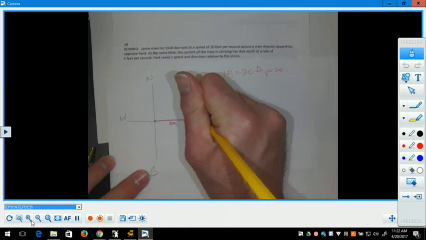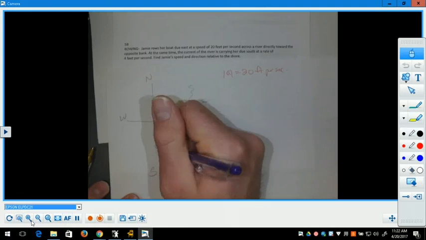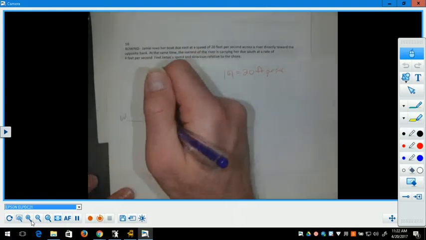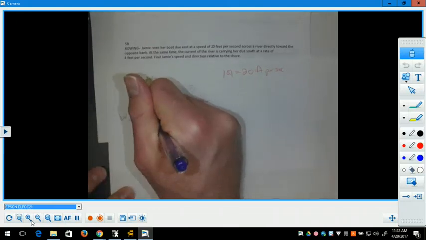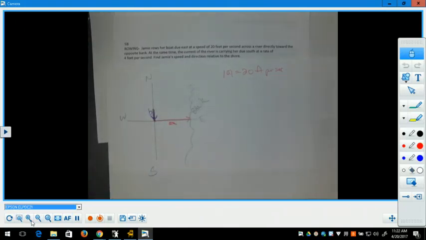Here's our bank, the shoreline. So now we have that the river is carrying her due south. Normally I just go due down here, but I'm going to do tip to tail because I like the triangular method. So due south at 4 feet per second. So there's B, and that's 4.